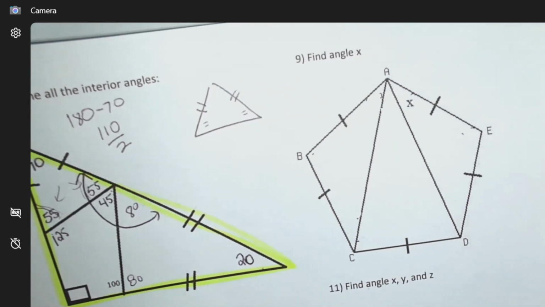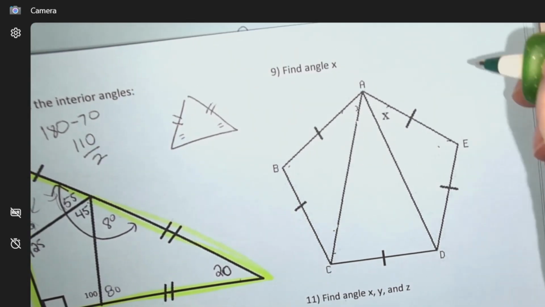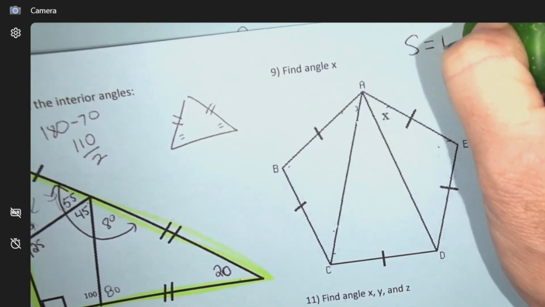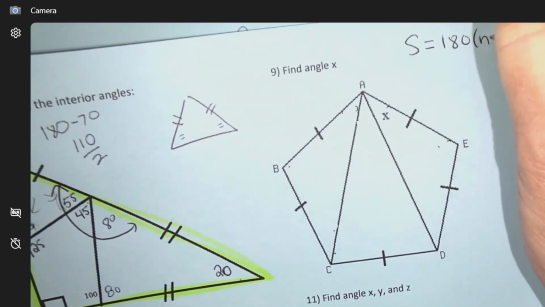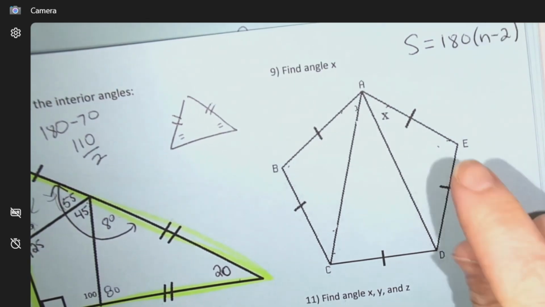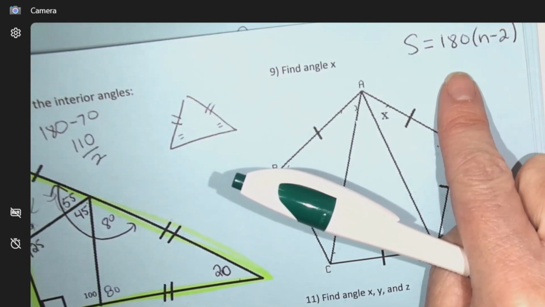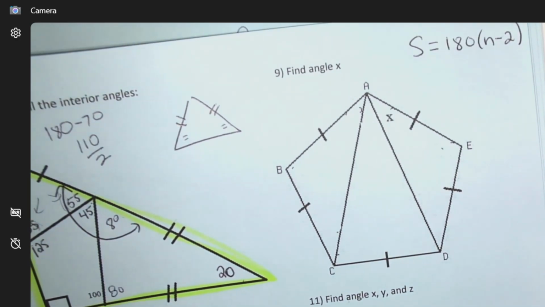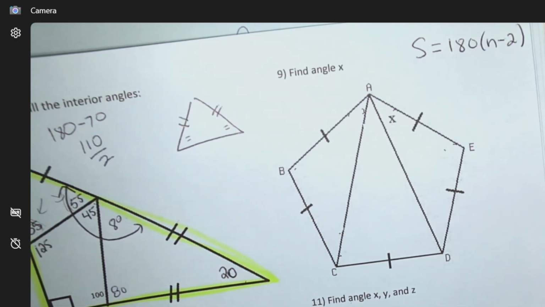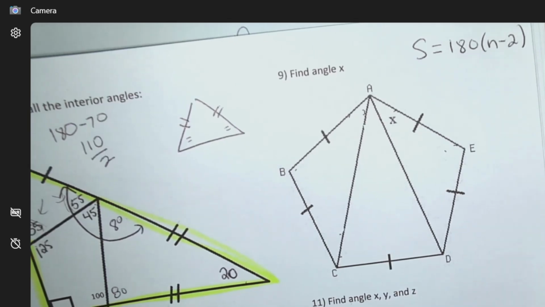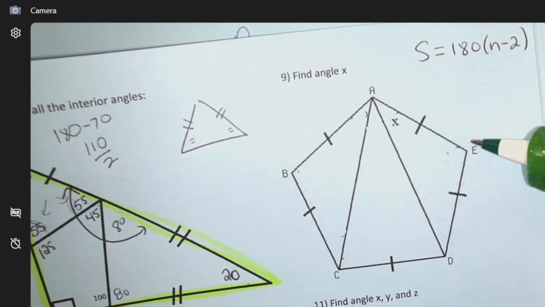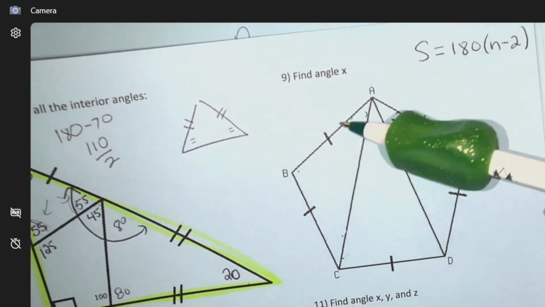Okay, on this one, I'm going to use the sum formula. So this is on your formula sheet provided by me. Okay, this shape has how many sides to it? 1, 2, 3, 4, 5.